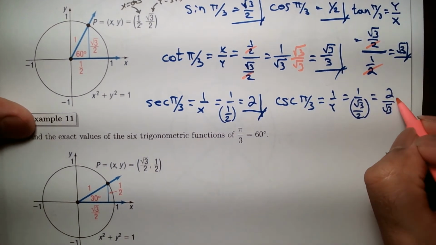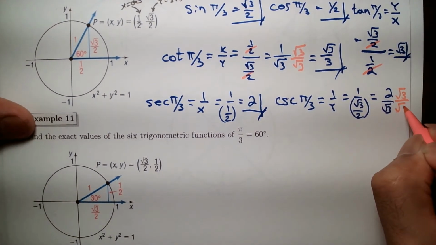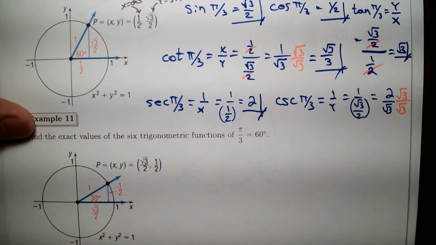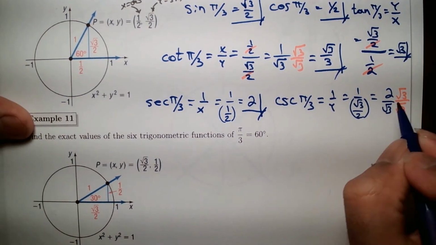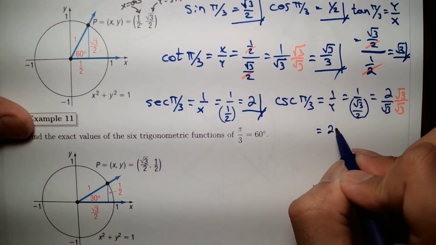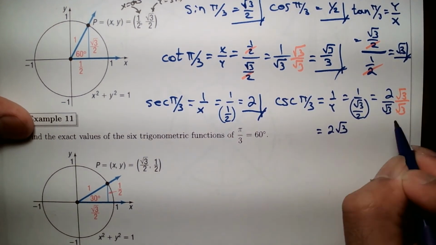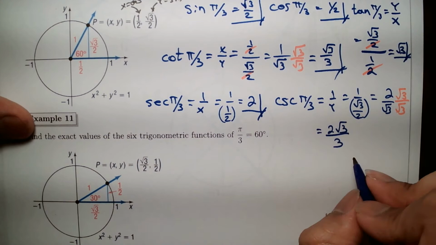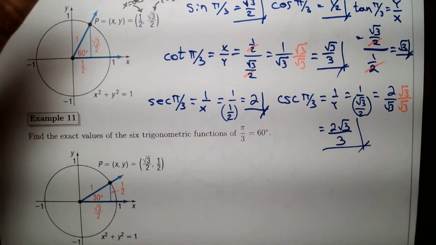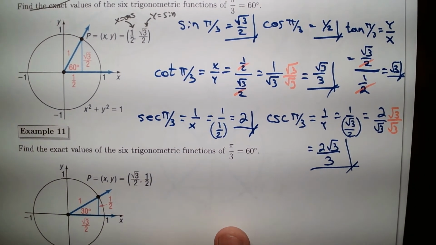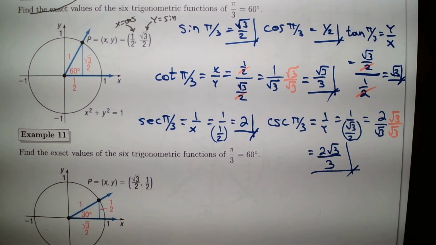But we need to rationalize the denominator in this case. Let's see. So that's 2 root of 3, and square root of 3 times itself is simply 3. Final answer over here.